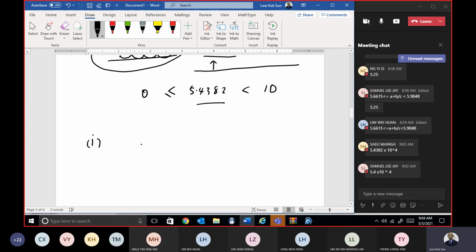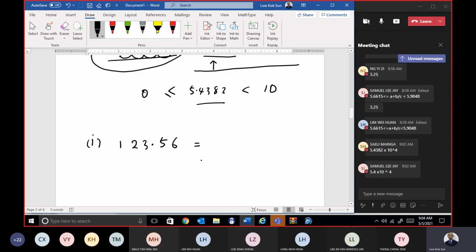If I want to put this one into standard form, let's say I want to do 3 point 123.56. I want to write this in standard form. So what should I do?